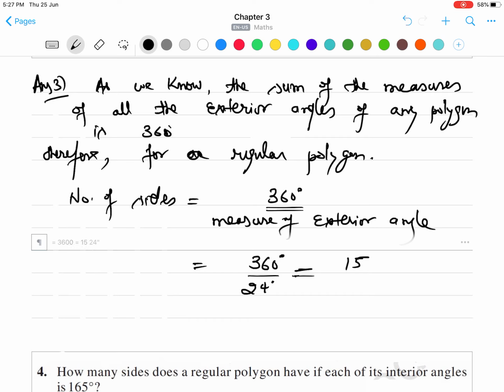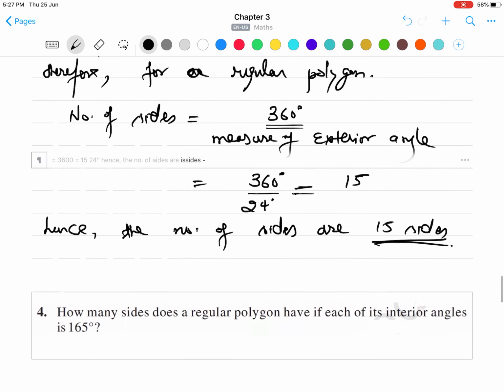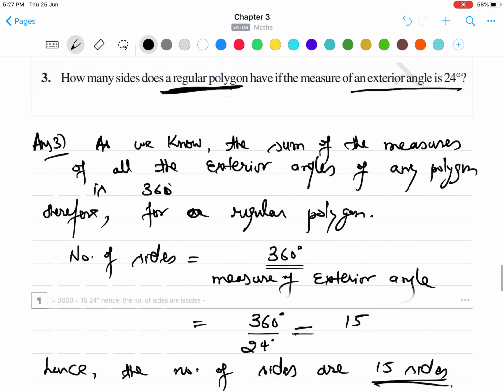So the number of sides are 15 sides. Okay, so that's the solution of question number 3.